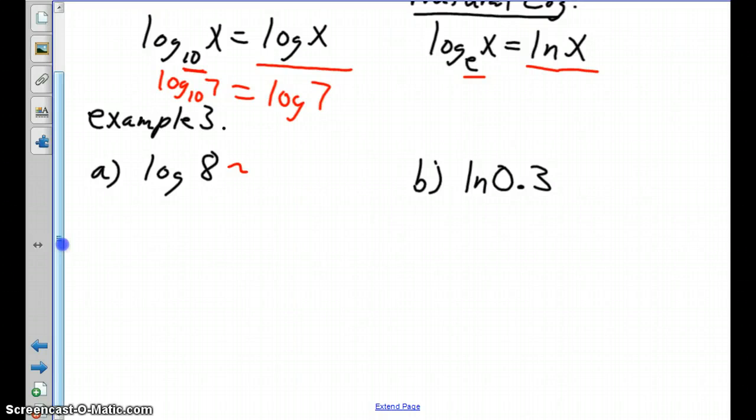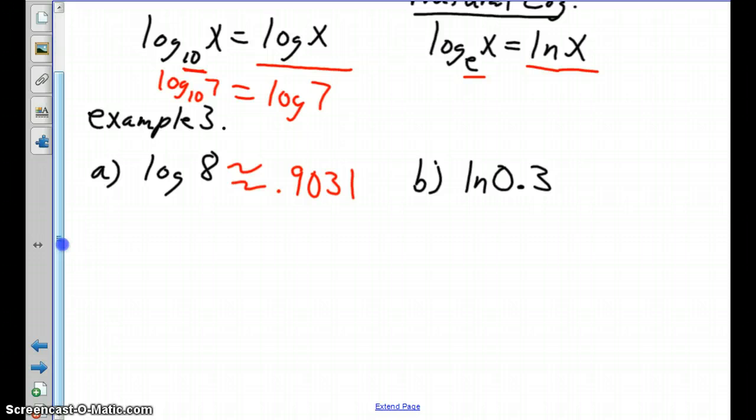What are you going to do? 0.9031 is correct, and that's what you write there as the answer. It's that simple. Log problems are very calculator driven. There's lots and lots of calculator use.